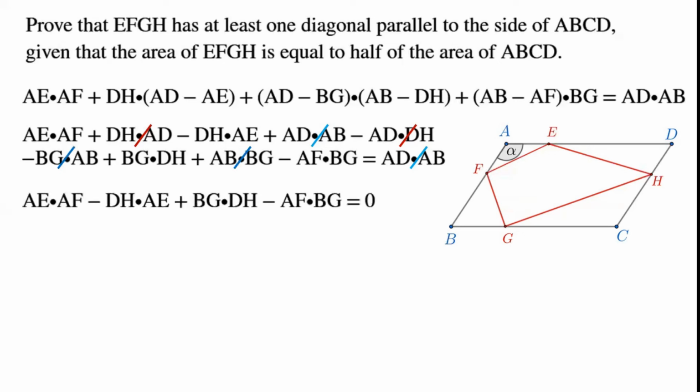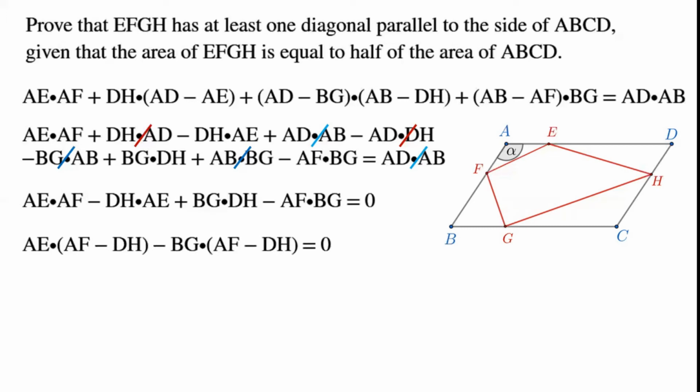So we have AE times AF minus DH times AE plus BG times DH minus AF times BG equals 0.